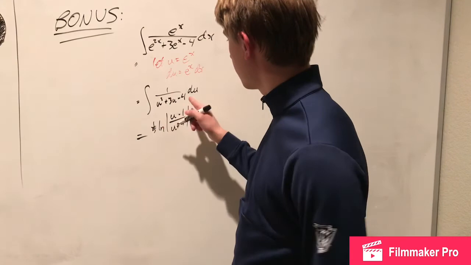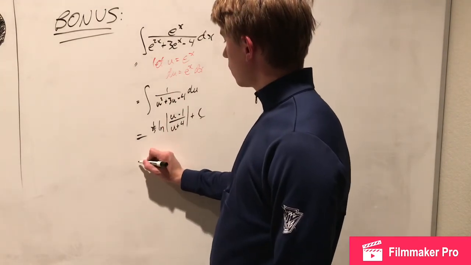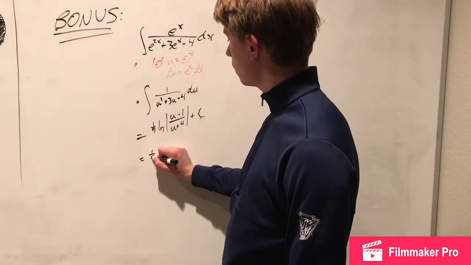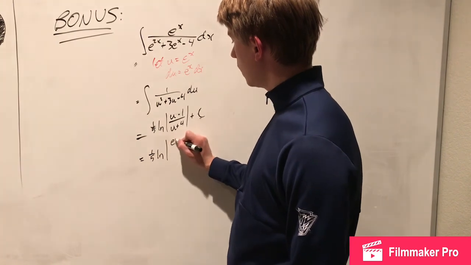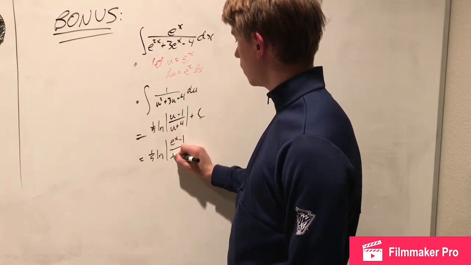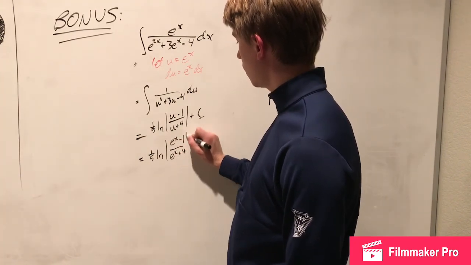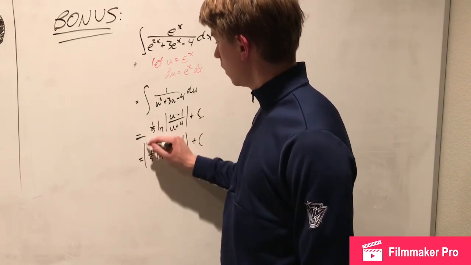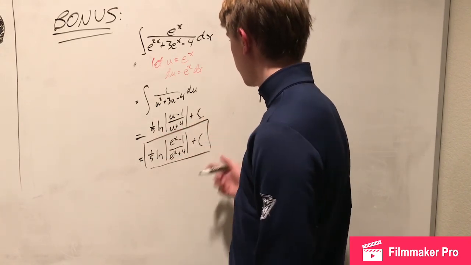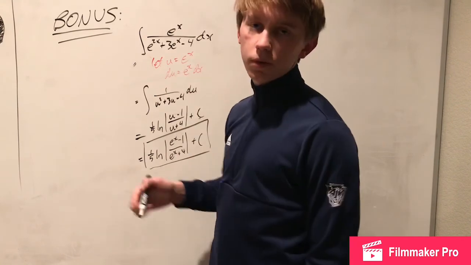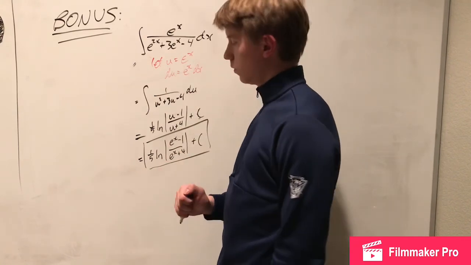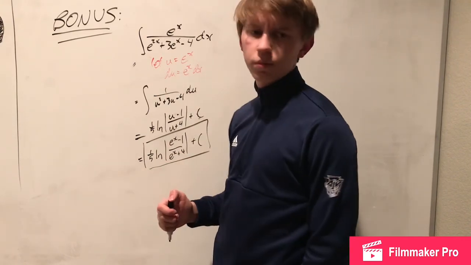So you just plug the e to the x back in, so we end up with 1/5 times natural log of e to the x minus 1 over e to the x plus 4, plus c. So the bonus was really, could you see this u sub? Hopefully you did, because that was 3 points, even though it was only 5.